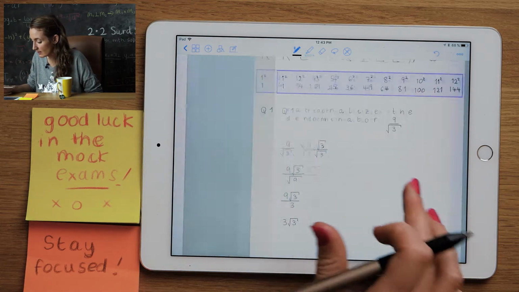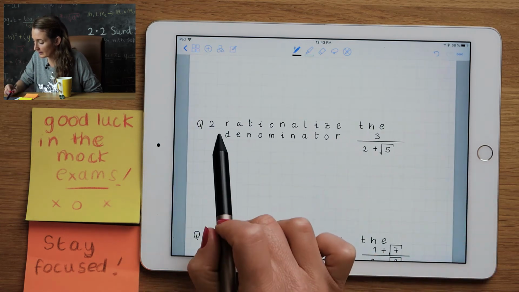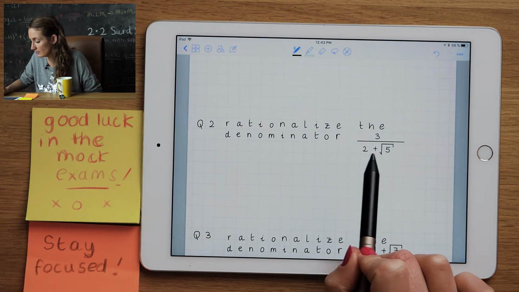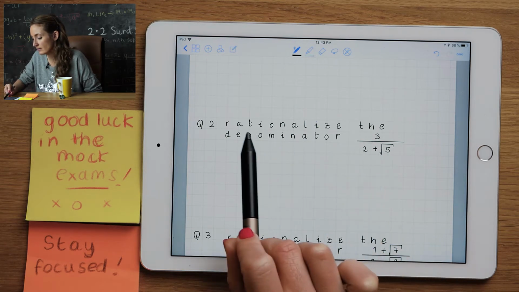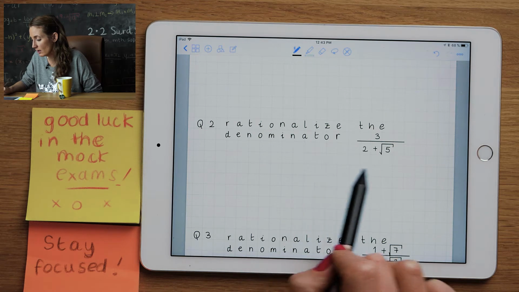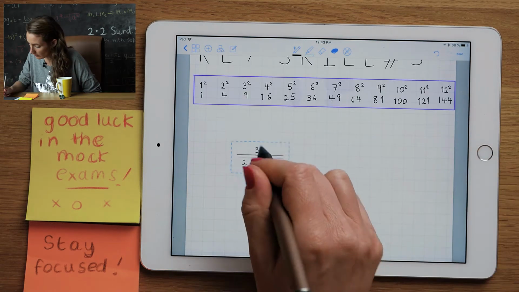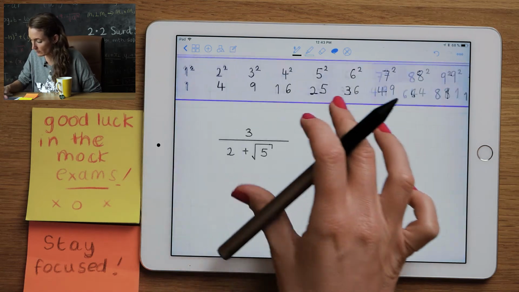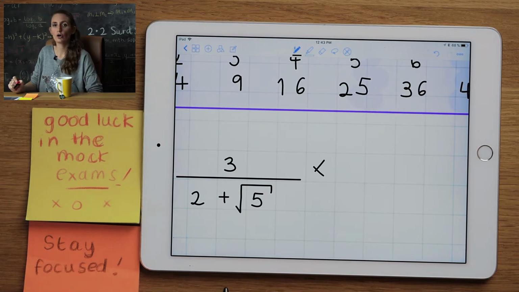Let's look at another example. We're going to get slightly more complicated now, because now the denominator contains both a number and a square root. So we've been asked again to rationalize the denominator, which means remove the square root from the bottom. What we do in this situation is we multiply again, but by something that's called the conjugate.